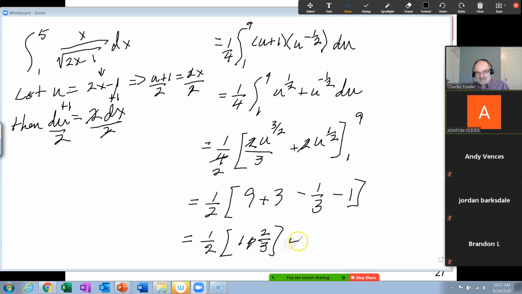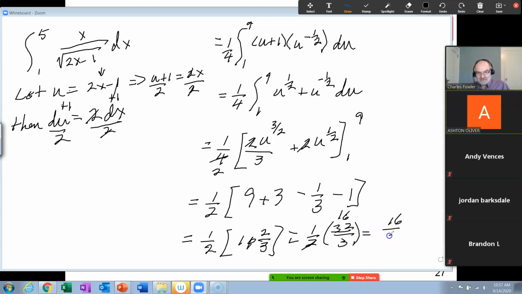Let's rewrite that as 1/2 of 3 times 10 is 32 thirds. Is that right? I'm surprised at that. And 2 will go in the 32 is 16. So I get 16 thirds.